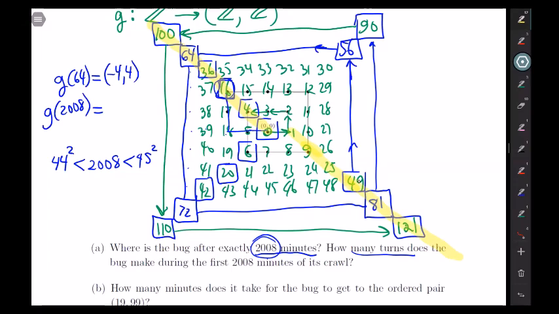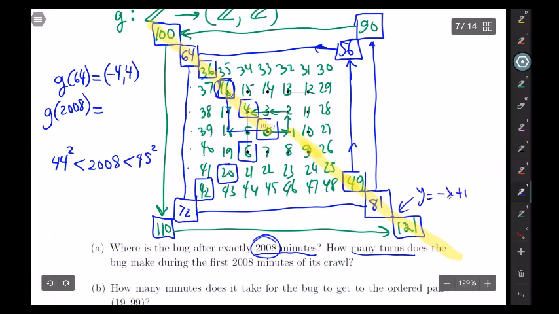The first line that I drew was y equals minus x. The other one is y equals minus x plus 1. It is just shifted up by 1, right? This yellow diagonal is y equals x. All right, and that's pretty much it.